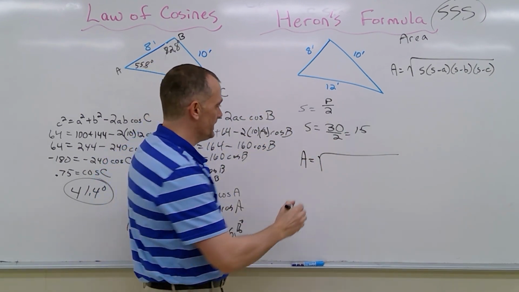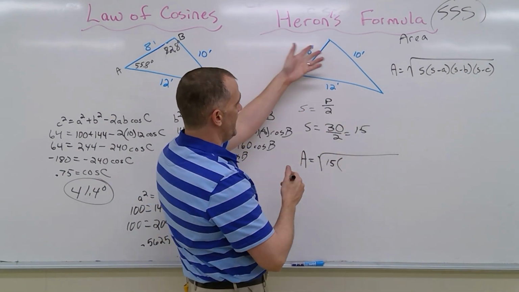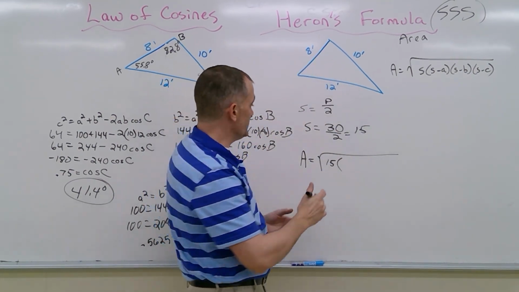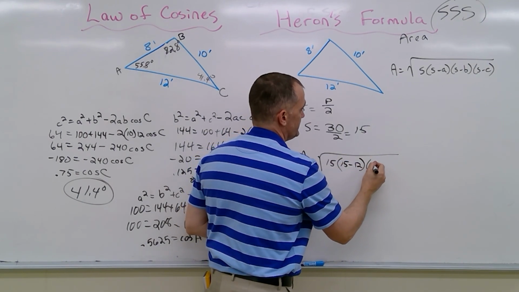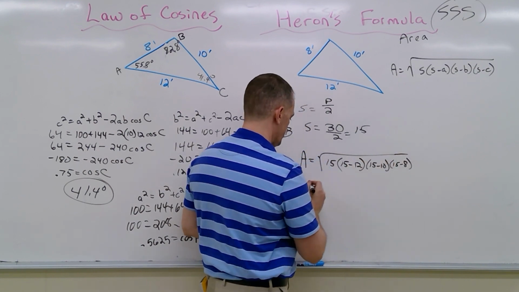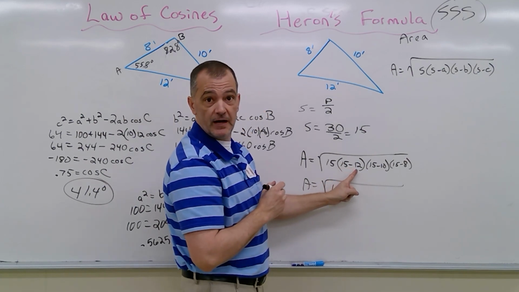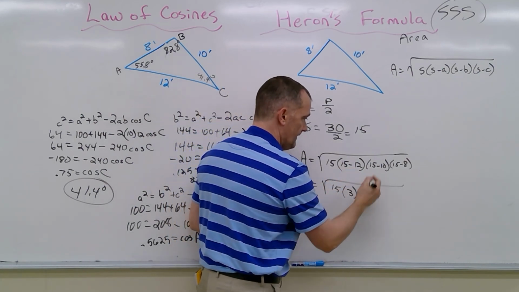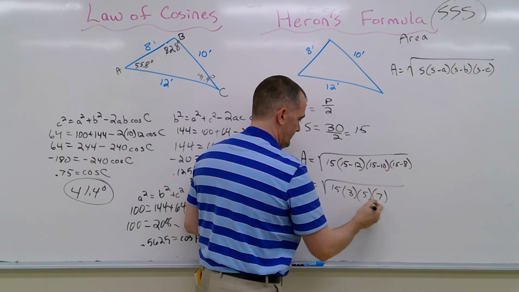All we do is say 15 times 15 minus a, doesn't matter which one you let be a, so I'll go 15 minus 12 times 15 minus 10 times 15 minus 8. And what we get is 15 times 15 minus 12 is 3. 15 minus 10 is 5. 15 minus 8 is 7.